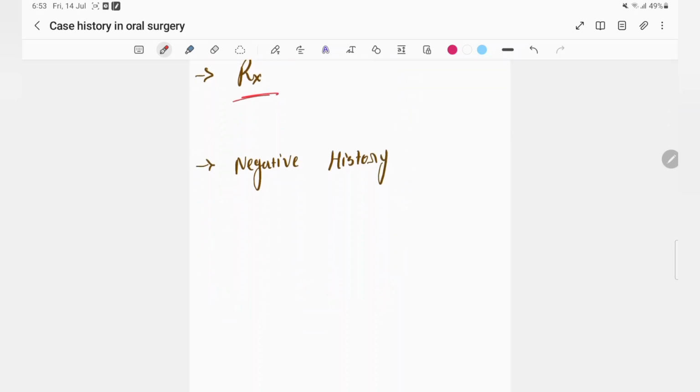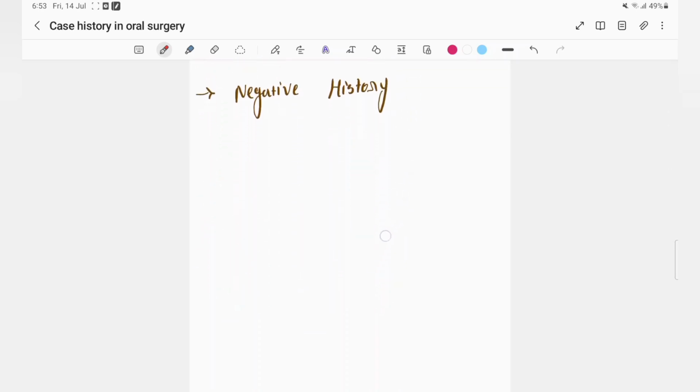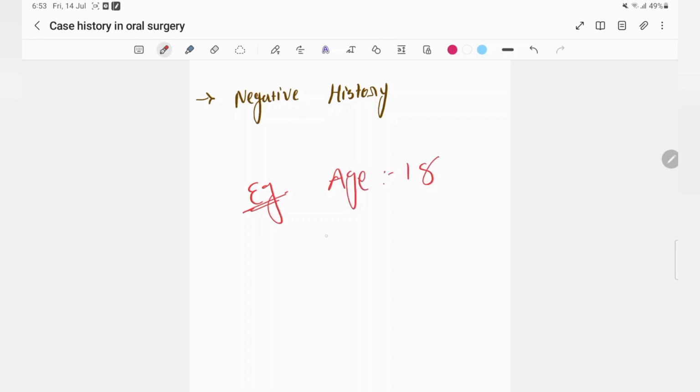Now, recording of negative history. Whenever a patient visits you and tells his chief complaint, you start making a provisional diagnosis list in your head, right? So for example, a patient comes to you, his age is 18 years and his complaint is restricted mouth opening.